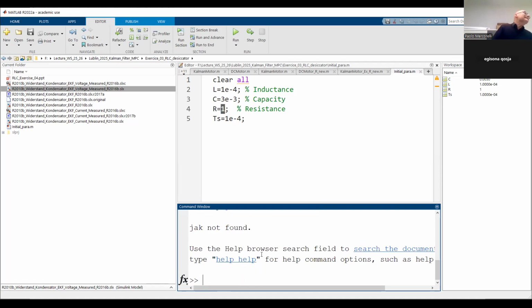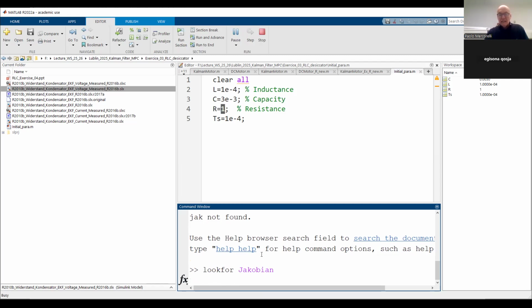Otherwise, you can build it with diff. Look for Jacobian. Huh? Let me see if I find something. Look for Jacobian. See.